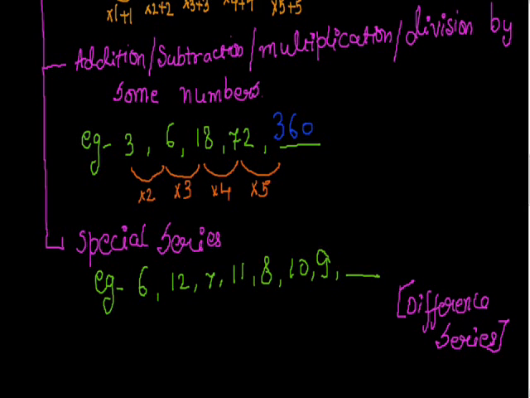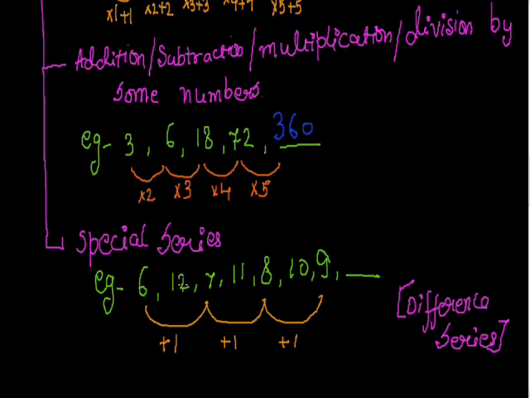In this series, we will move from the first number directly to the third number. Here you can see from 6, when we add 1 to it, we will get 7. Then from 7 again plus 1, we will get 8. 8 plus 1, that is 9.